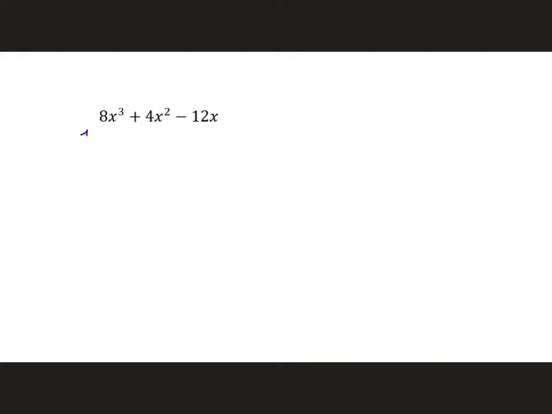So this would be 2 times 4 times x times x times x. If you wanted to go to prime factorization, it'd be 2 times 2 times 2. Plus 4 times x would be 4x squared. Minus 3 times 4 times x.